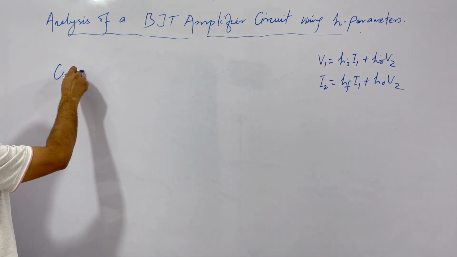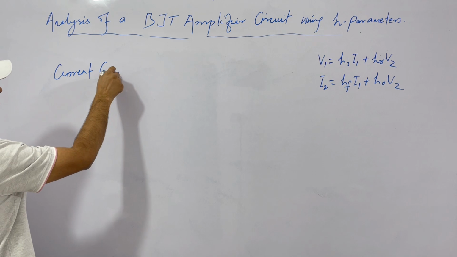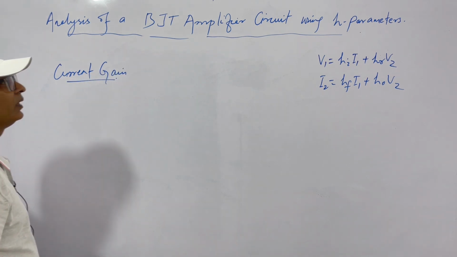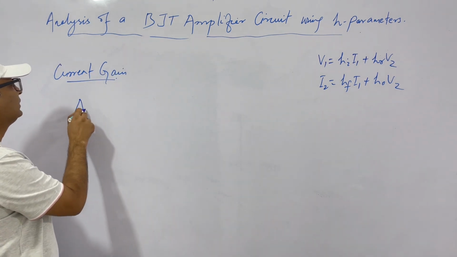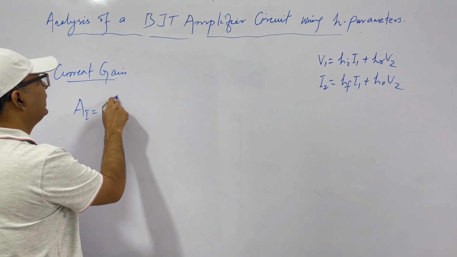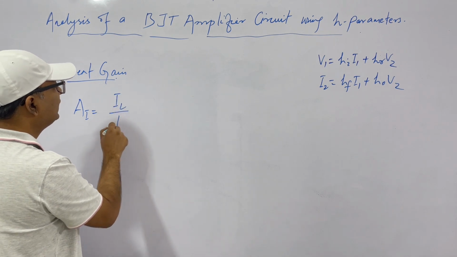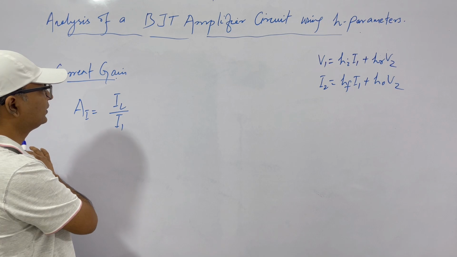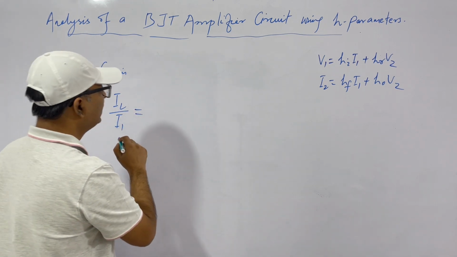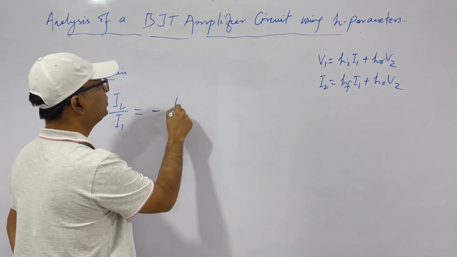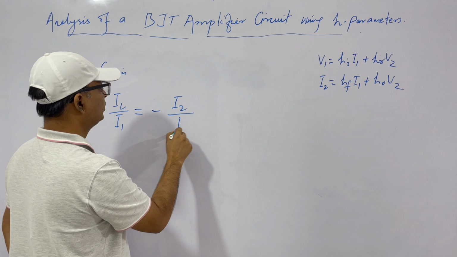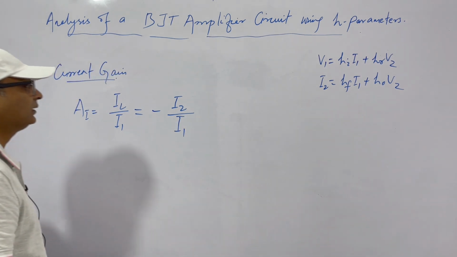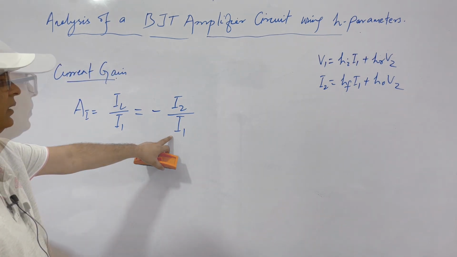Current gain. Current gain is defined as IL, current in the load, by input current. Clear? This is the definition of current gain. What is IL? IL is basically minus I2. So this is now minus I2 by I1.